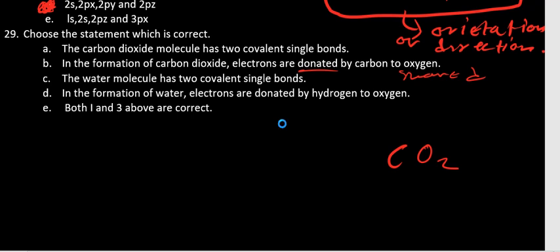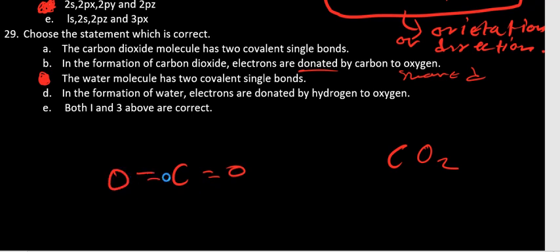2 covalent single bonds. What are we talking about here? Yes, it's correct. Very correct. So the answer is simply this one. Carbon dioxide looks something like this.